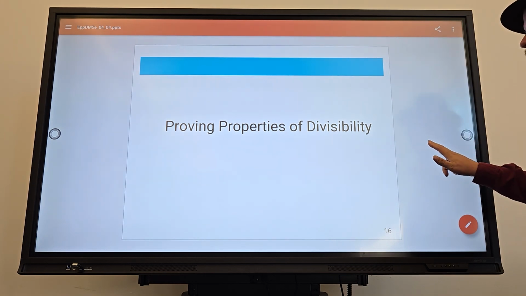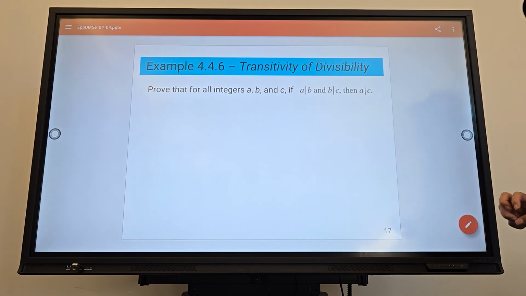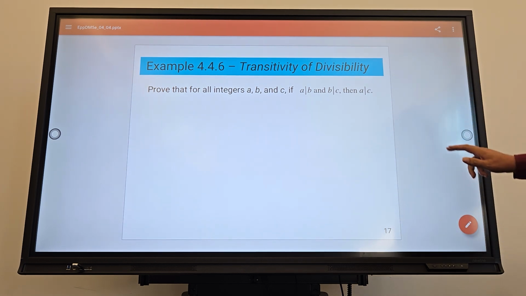Proving properties of divisibility. Prove that for all integers a, b, and c, if a divides b and b divides c, then a divides c.